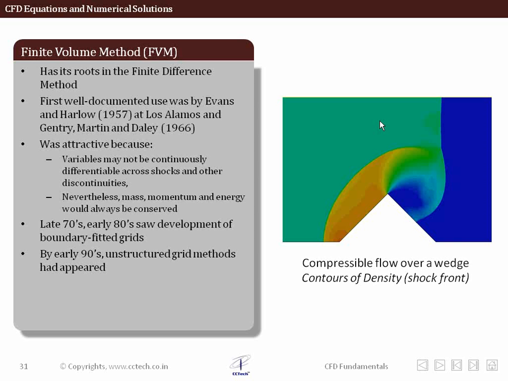The finite volume method, on the other hand, it is only around the late 90s that the present form of finite volume method which we are using in most of the commercial packages, which is the unstructured grid method, came into use.